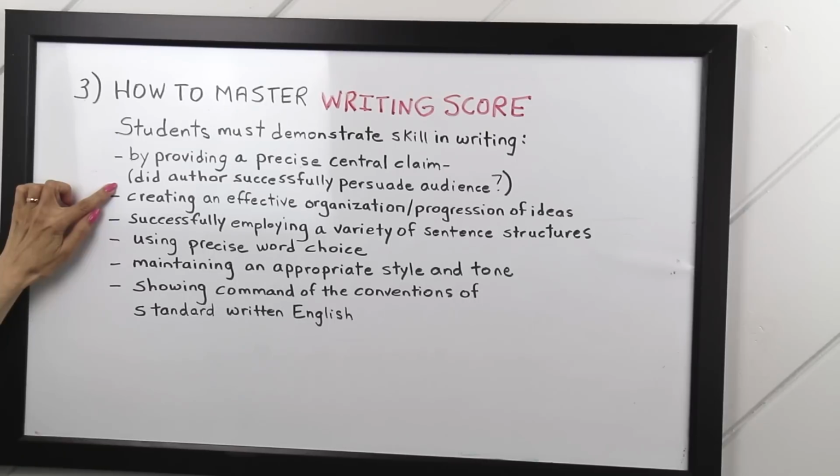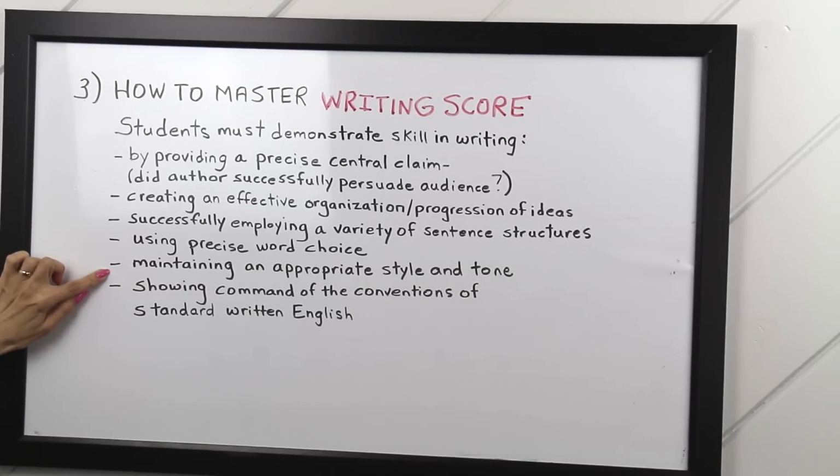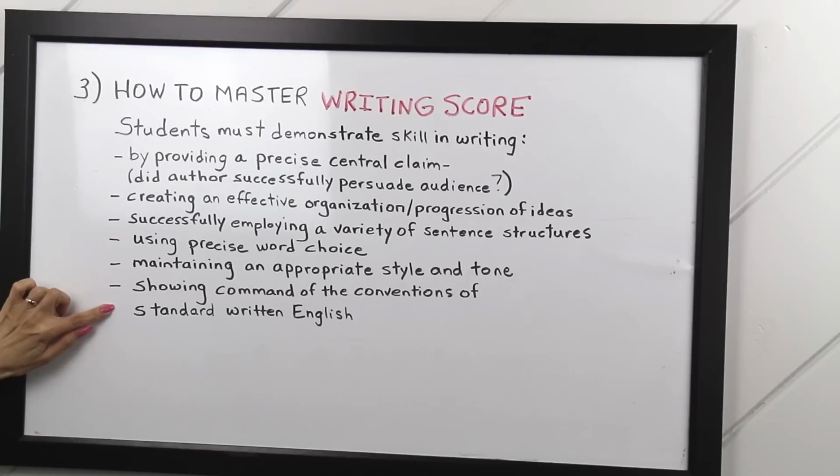In other words, did the author successfully persuade his or her audience? Creating an effective organization or progression of ideas, successfully employing a variety of sentence structures, using precise word choice, maintaining an appropriate style and tone, and showing your command of the conventions of standard written English.